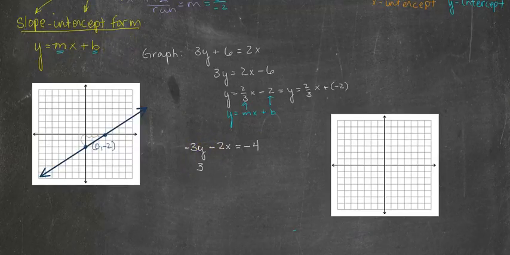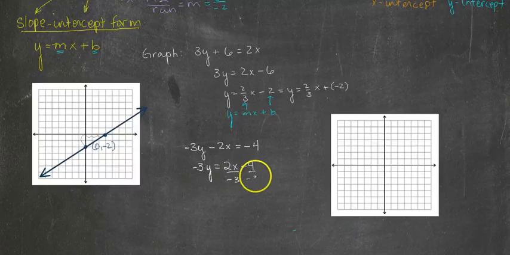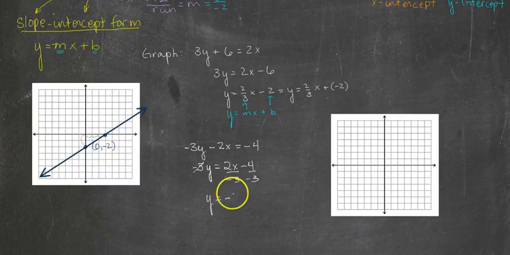So I'm going to say -3y equals, add 2x to both sides, so it disappears from this side and becomes 2x on this side, minus 4. Now I have to divide both sides by -3, which means it disappears here because -3 over -3 is a 1. So I get y equals -2/3 x, minus and a minus is a plus, 4/3.